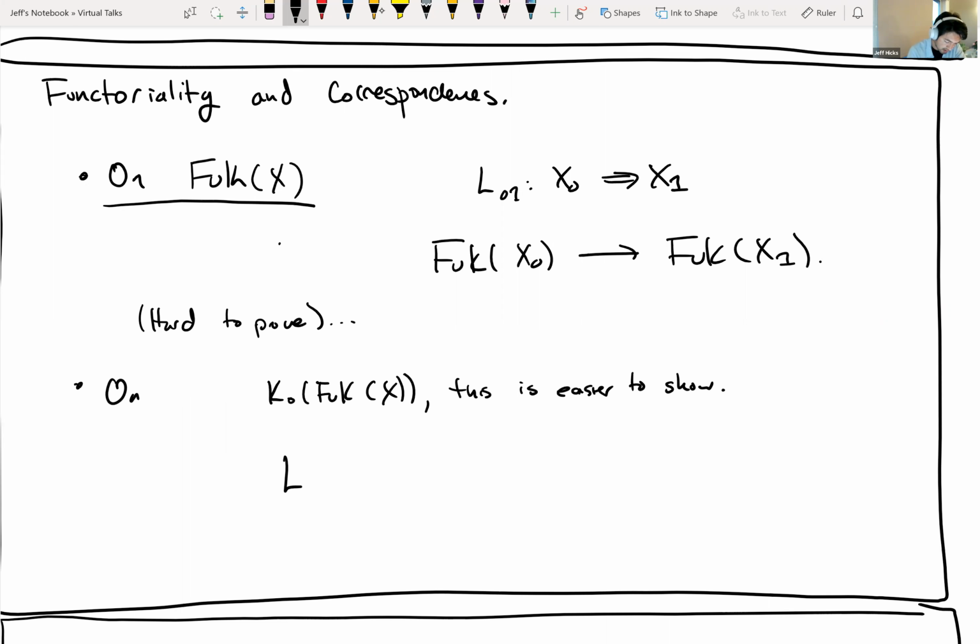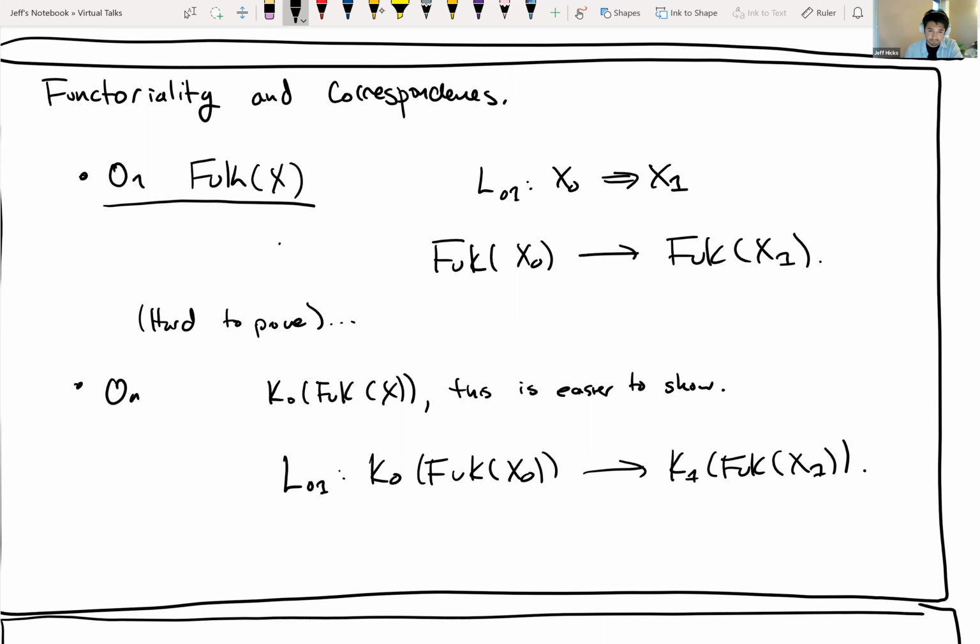Whenever you have a Lagrangian correspondence, you do in fact get a map from the K theory of the Fukaya category of X0 to the K theory of the Fukaya category of X1. And the reason is because correspondences preserve Lagrangian cobordisms.